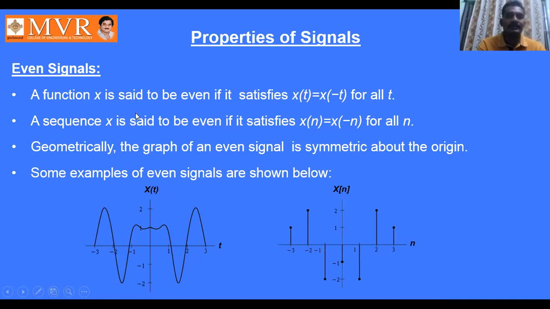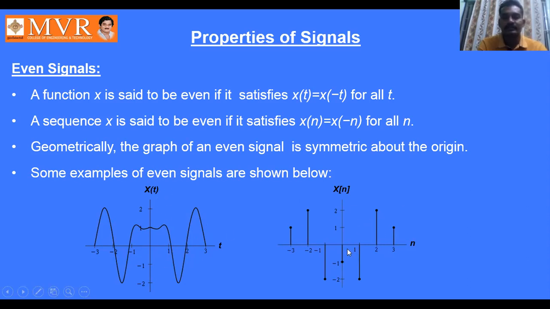Geometrically, the graph of an even signal is symmetric about the origin. If we take some examples of even signals, here x of t is represented like this, and x of n is represented like this. Suppose x of t from 0 to t is represented like this. Its mirror image is x of minus t. If these two are equal, then the function x is said to be an even function.